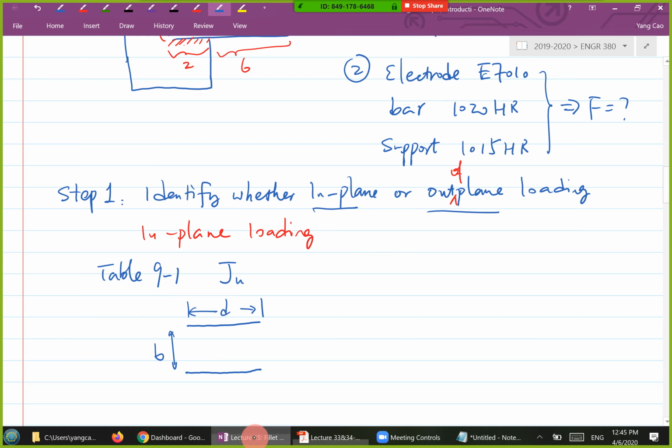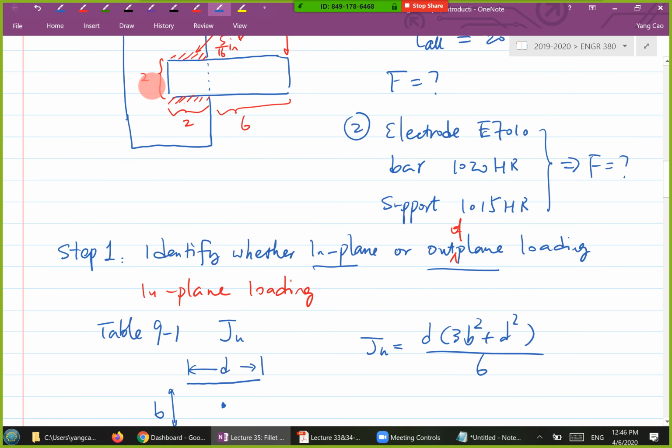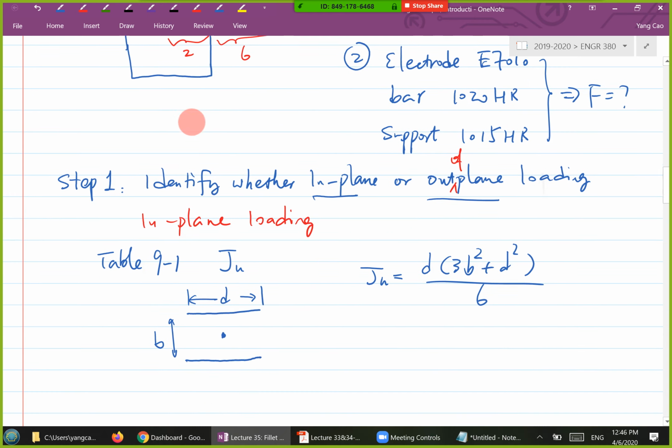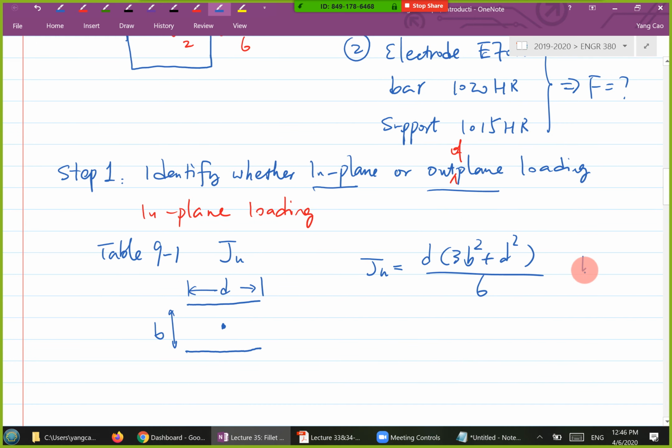The centroid is over here, and JU, I'll just rewrite it here: JU equals D times 3B squared plus D squared, over 6. According to the dimensions, B is 2 and D is also 2. Substituting into here, you get 5.33 inch cubed.